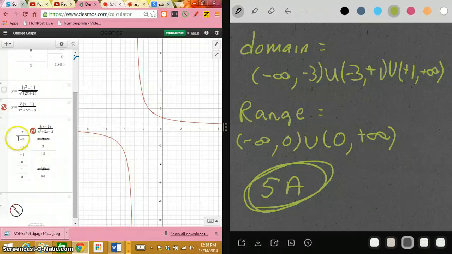Here's your -3. When x is -3, it's undefined, and when x is +1, it's undefined. But as you can see in the graph, at +1 there's not even a hole there. That's what makes it extraneous. So just be careful when you're solving things algebraically versus what they're really going to look like on the graph.